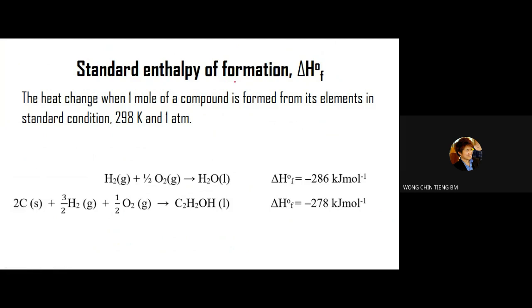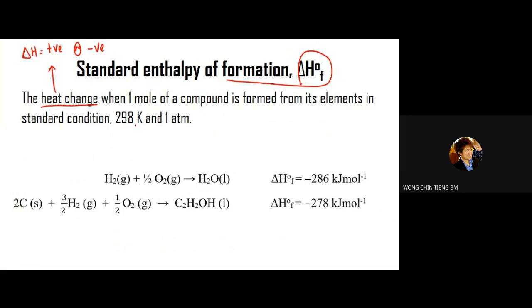The standard enthalpy of formation, simbol dia delta H not F. That is delta standard enthalpy of formation. Kita tengok sikit. The heat change. Alright. Heat change maksud apa? Bila dia adalah heat change, bermakna delta H dia boleh jadi positif, delta H dia boleh jadi negatif. Heat change bermakna dia boleh jadi heat absorb atau heat release. Pertama.